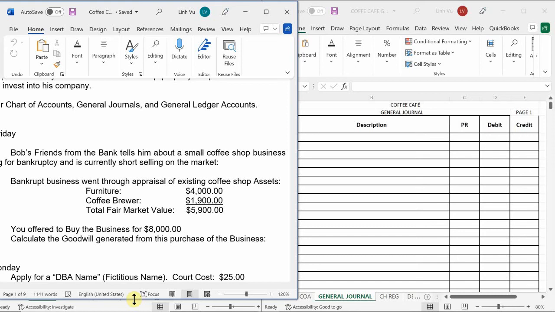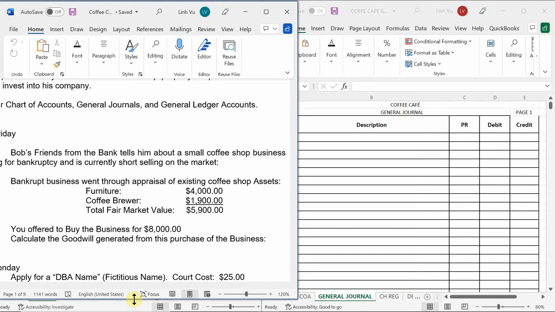So this was chapter 11.6. In this case, I bought the business for $8,000 and now I generated $2,100 worth of goodwill.